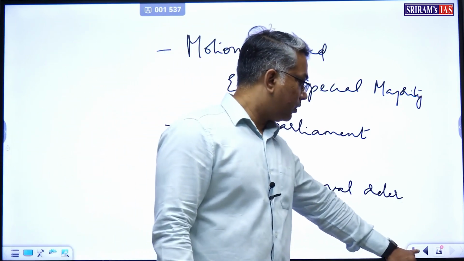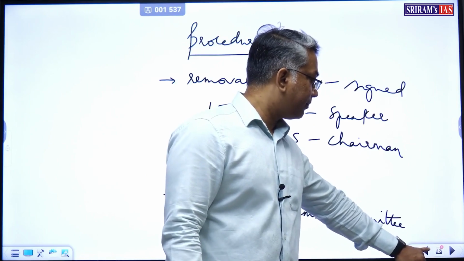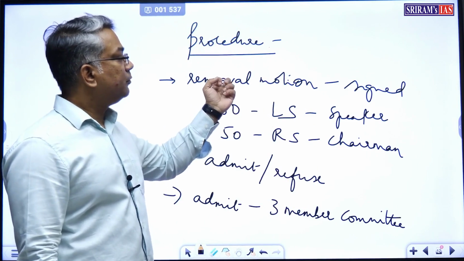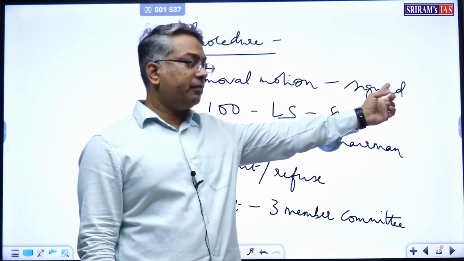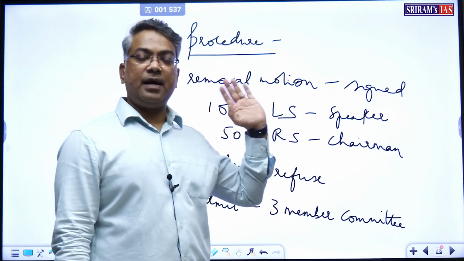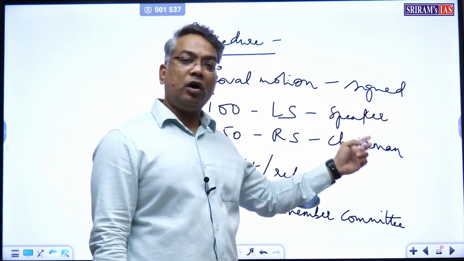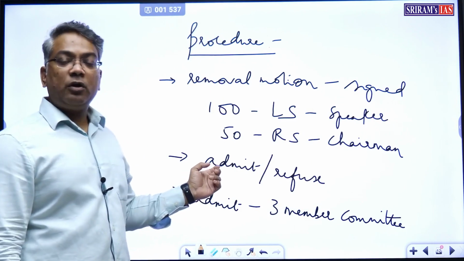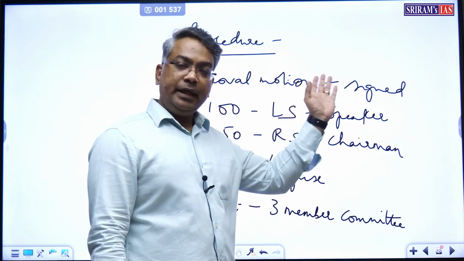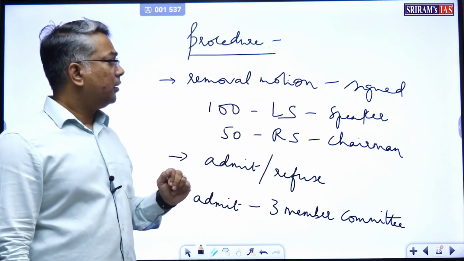Okay. So a quick recap about the procedure. The removal motion has to be signed by 100 members in case of Lok Sabha, and 50 members in case of Rajya Sabha. It has to be submitted to the speaker or chairman. The speaker or chairman may admit or refuse to admit the removal motion.